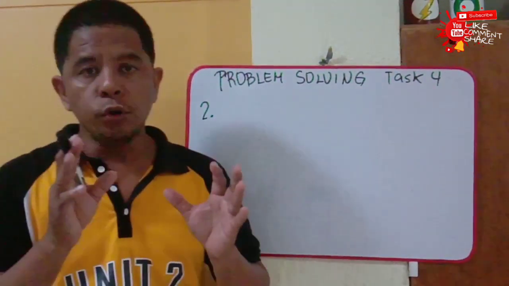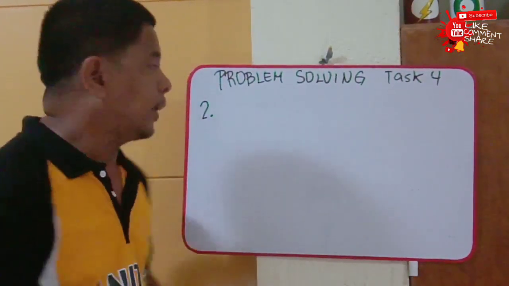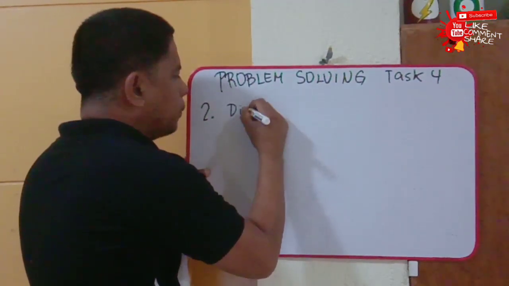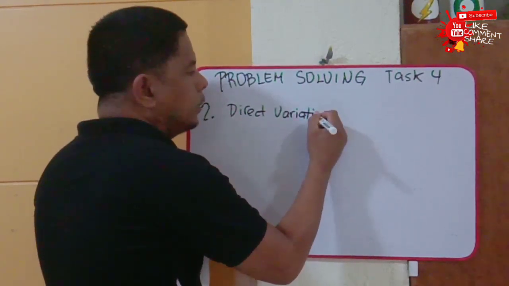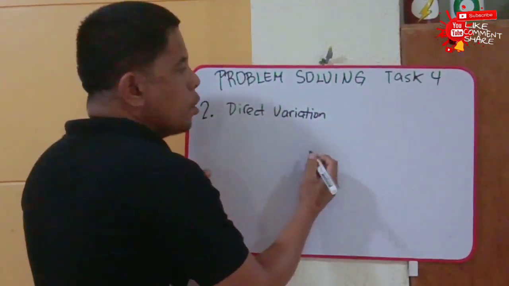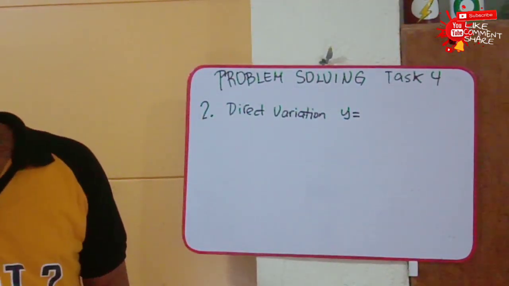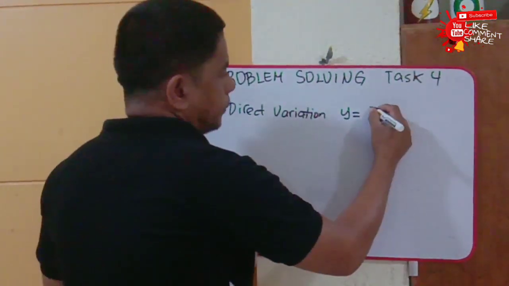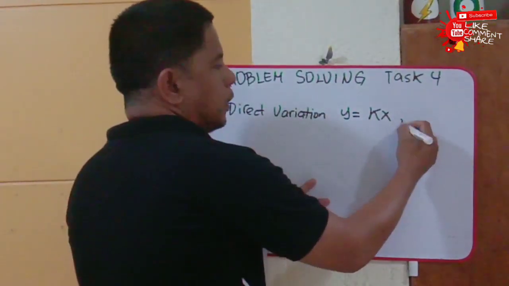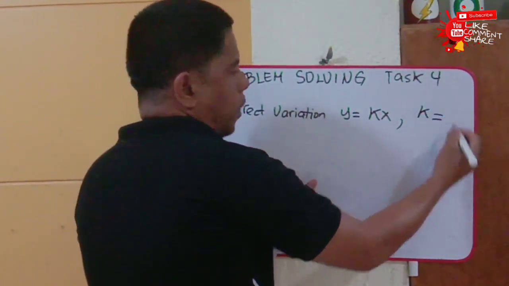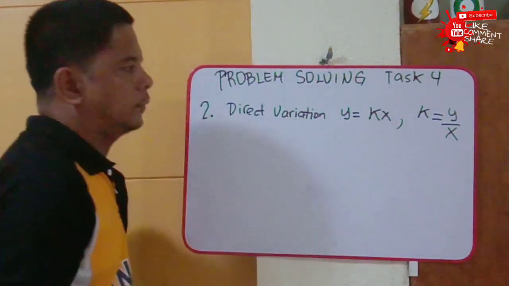Okay? So yung ating question or variation sa number 2 is direct variation. So ano ang formula ng direct variation? So y equals kx, and solve for the constant, k equals y over x.